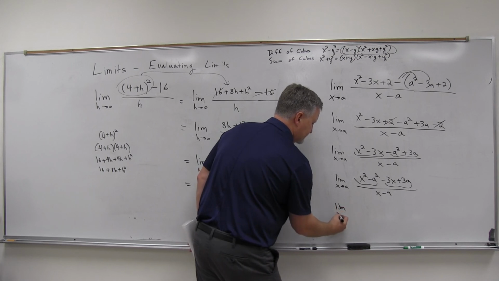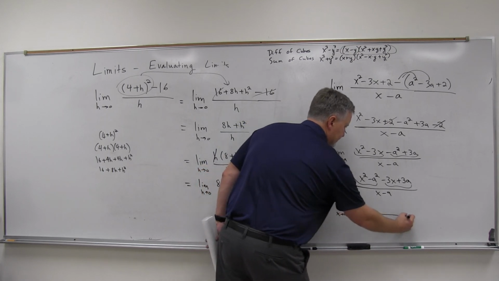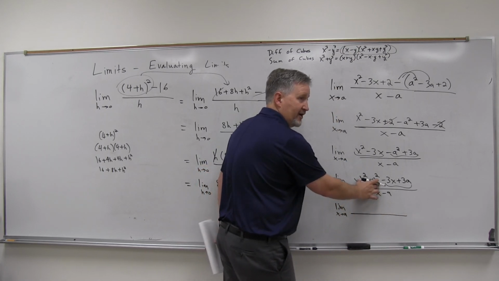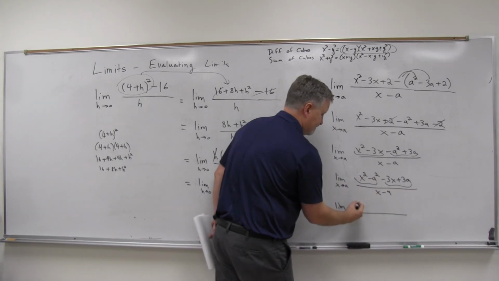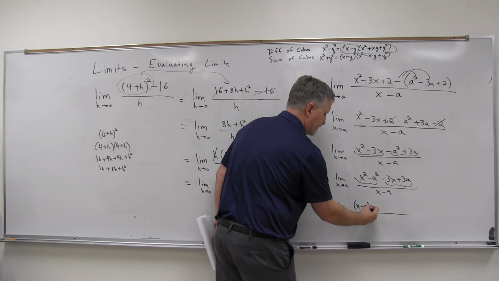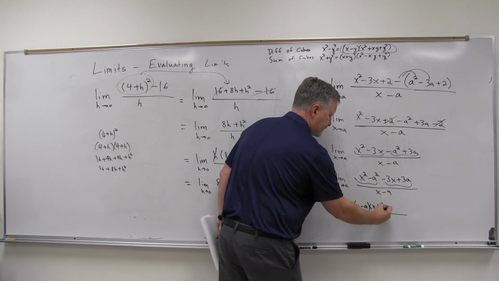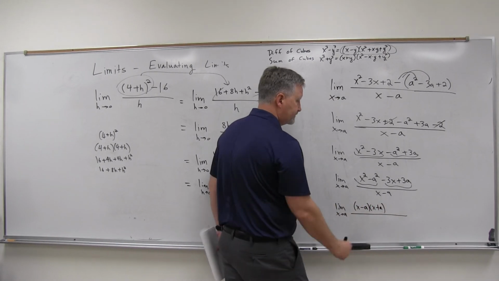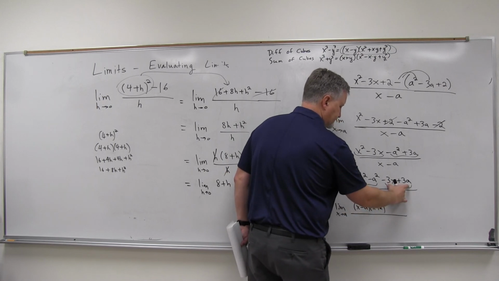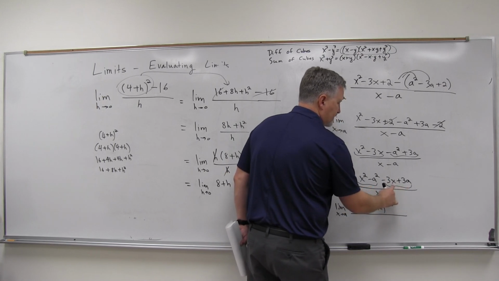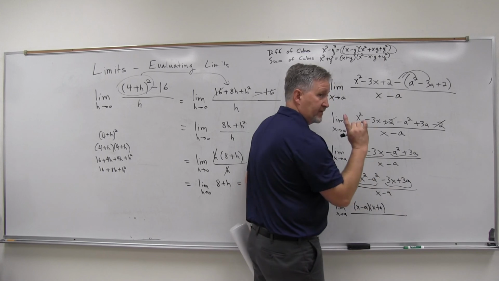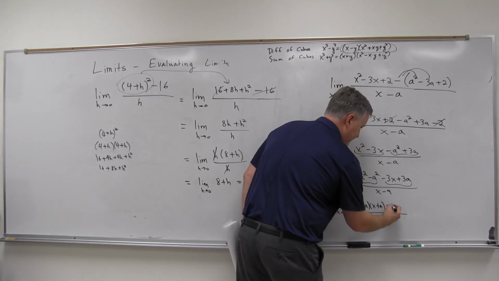Now if you group these 2 and these 2, here's what we get. You get the limit as x approaches a. That's a difference of squares. So I can factor it as x minus a, x plus a. Right? These 2, I can pull off a 3, but let me show you I need a negative 3. Here's why.